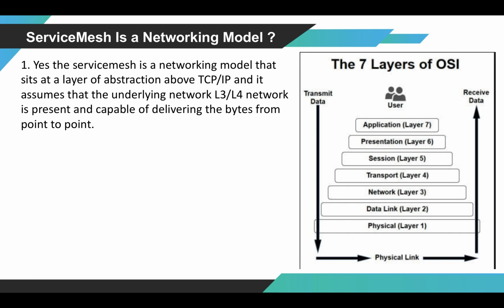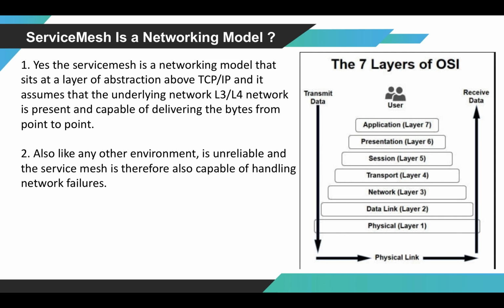That being said, although the network is able to deliver the bytes from point to point, like other networks, it is unreliable, due to which there can be prominent network failures.